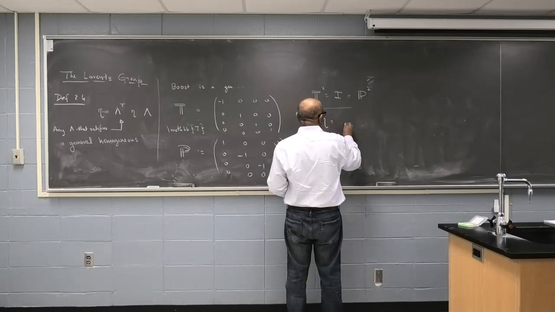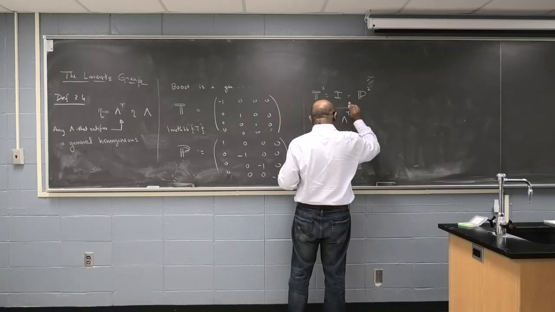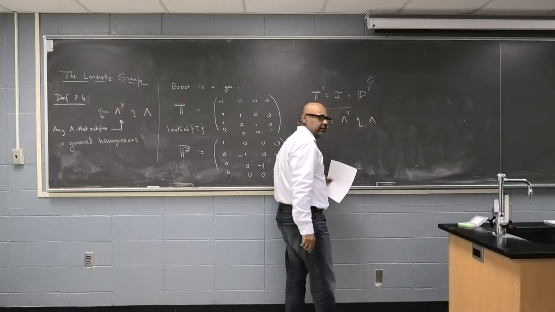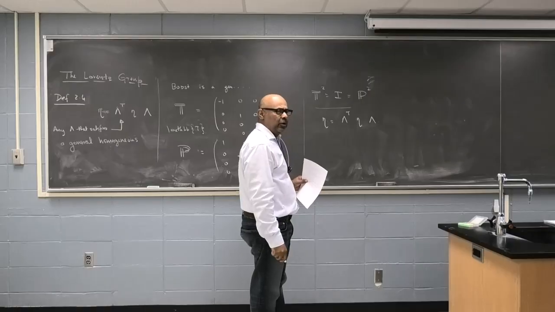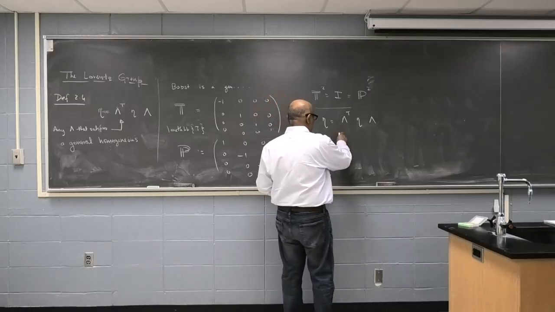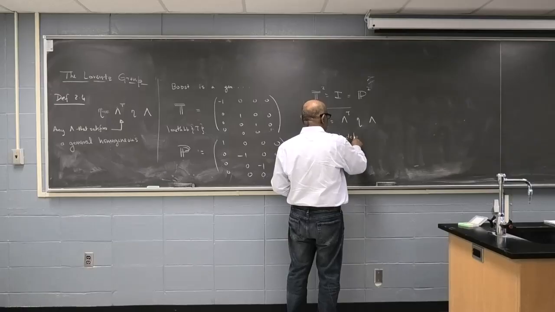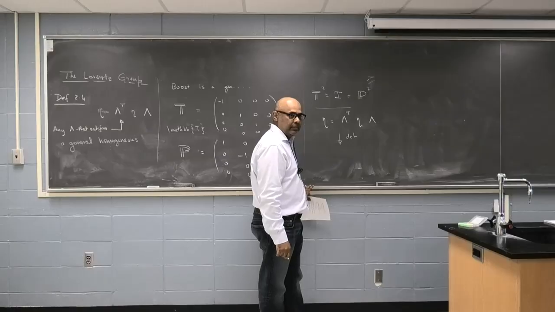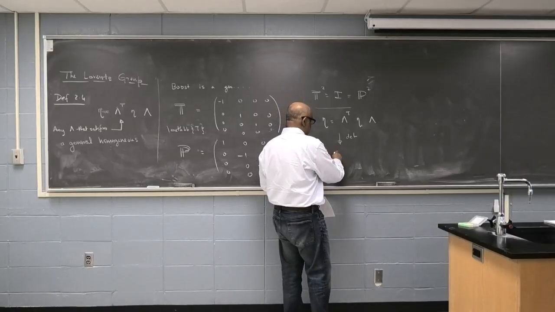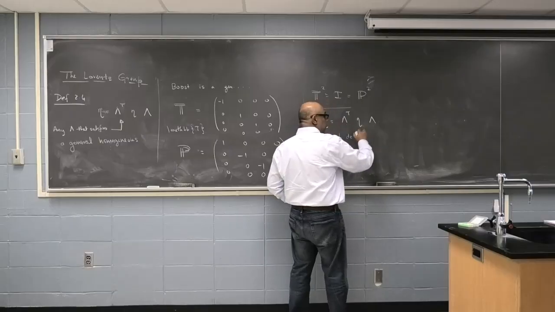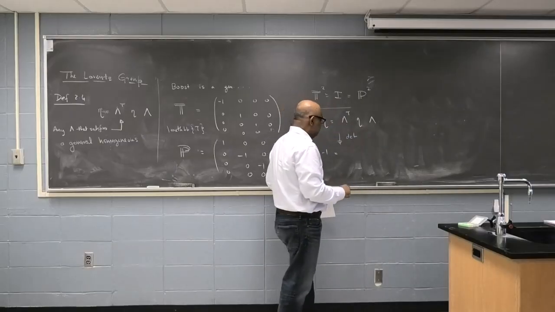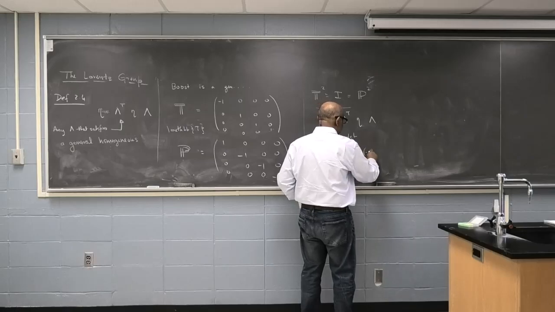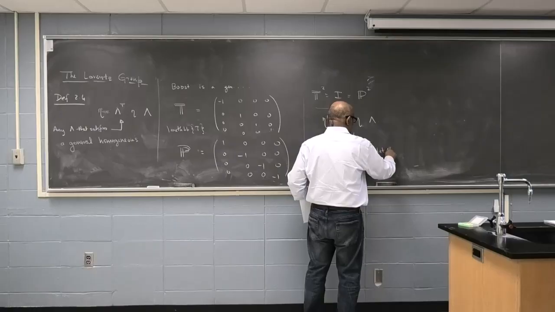So if I take a general homogeneous Lorentz transformation, it satisfies this equation. Let me take determinant on both sides. What's the determinant of eta? Minus 1. And the determinant of the product is the product of the determinants. So this is det lambda transpose, this is minus 1, det lambda.